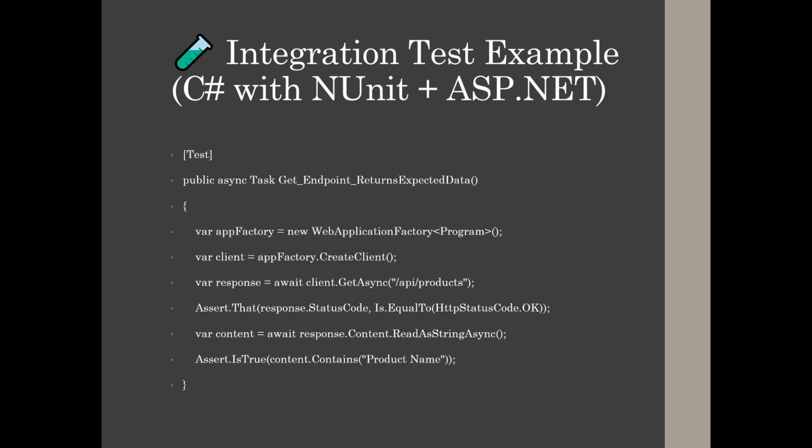And then we can assert that we receive an HTTP 200 OK status and that the response contains the expected product data. This kind of test helps us ensure that the API endpoint, the controller, the routing, and the data retrieval all work together and I get the expected result.